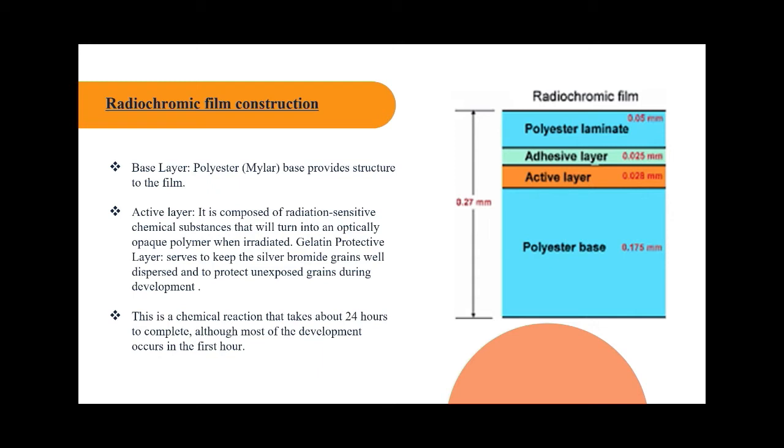Gelatin protective layers serve to keep the grains well dispersed and to protect unexposed grains. This is a chemical reaction that will take about 24 hours to complete, although most of the development occurs in the first hour.